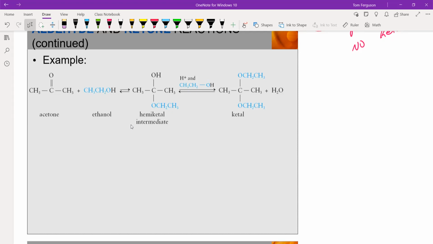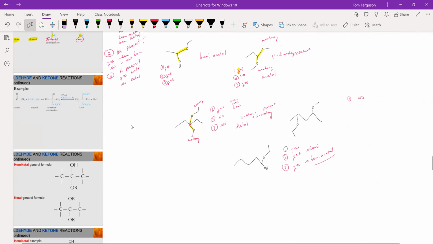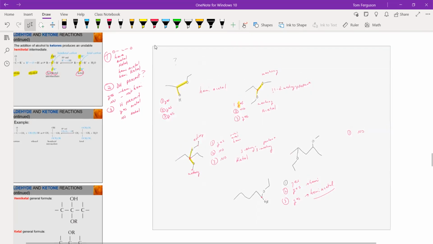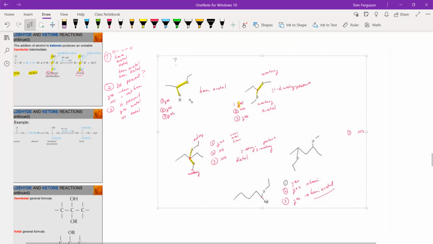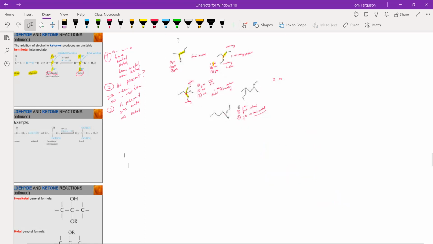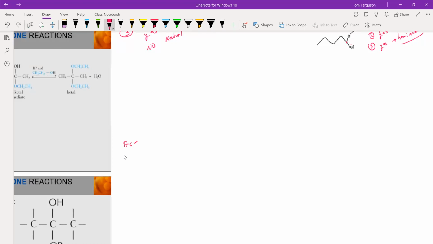Okay, so acetone and ethanol. So we're starting with acetone, or propanone, plus ethanol, I think it was ethanol, right?